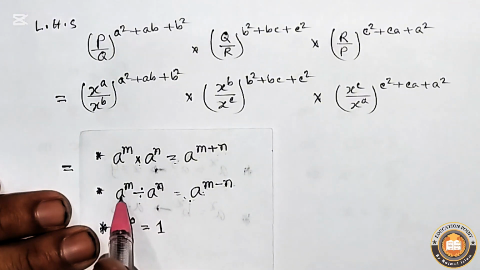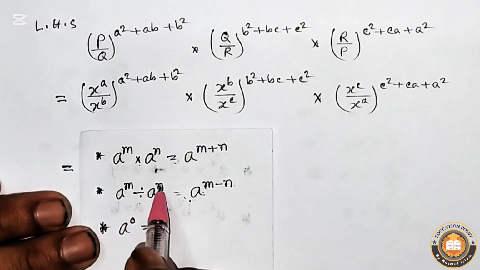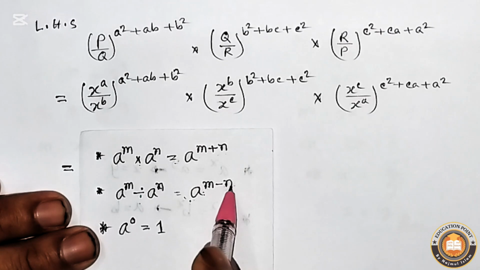Here we will apply the formula a power m divided by a power n equal a power m minus n.